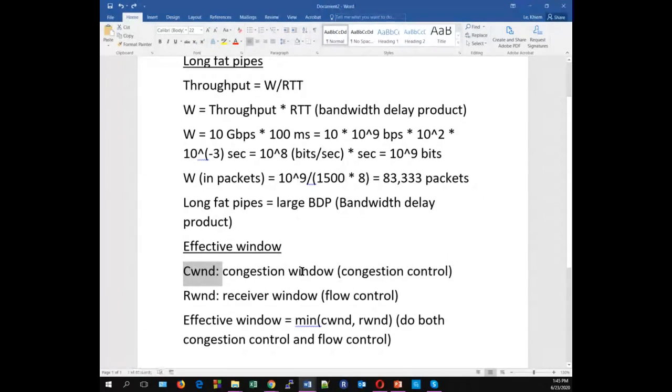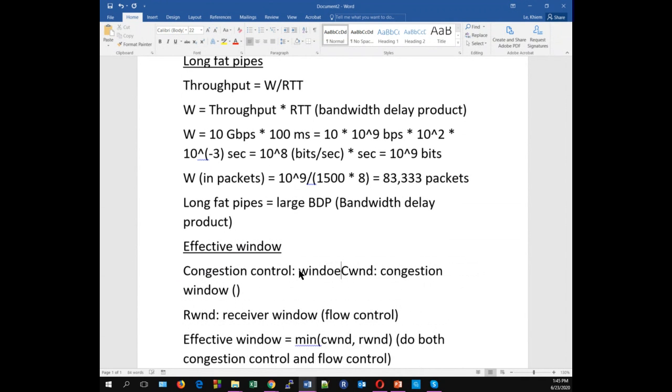Oh, sorry, let me change this. This is better. Okay, so congestion control: to do congestion control, the window must be less than or equal to CWND.